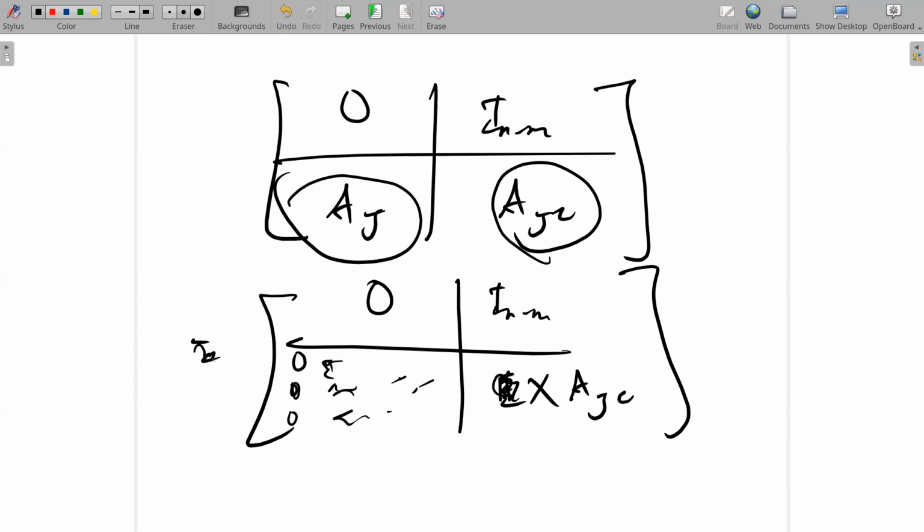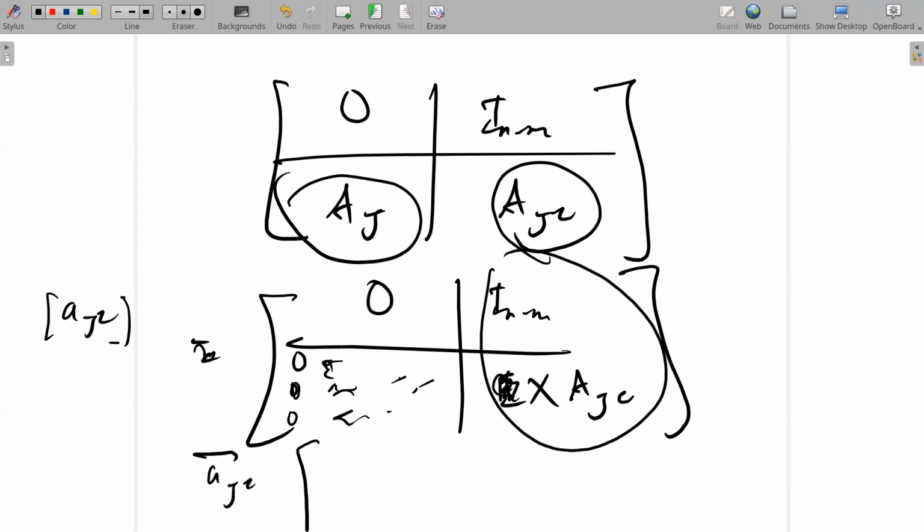So here again, you choose some vector for aj complement, such that this part will vanish. So this will be equal to 0. So this vector aj complement times IN minus M, x aj complement is equal to 0.